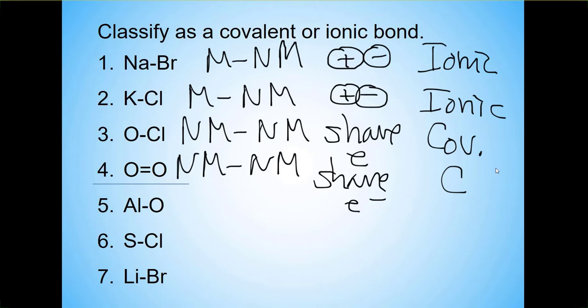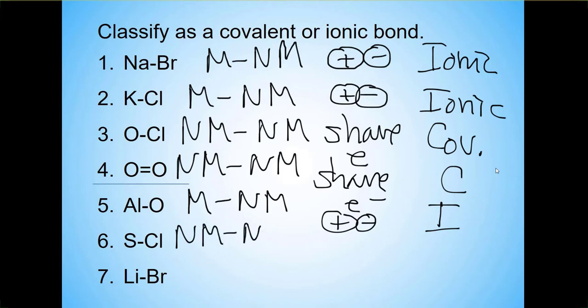Okay, we're back. We have aluminum as a metal, oxygen is a nonmetal, so they're very, very different in electronegativities, and so that nonmetal will take the electron and we will have ionic bonding. Sulfur and chlorine is a nonmetal with a nonmetal, and so because they are alike, they will share.